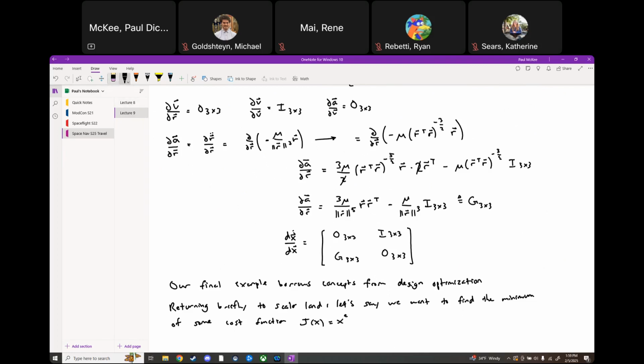So a lot of design optimization is setting up really fancy equations. So x squared is not a fancy equation, but it's definitely going to get the job done. Finding a really fancy equation which describes something that you don't want. So we call that a cost function.